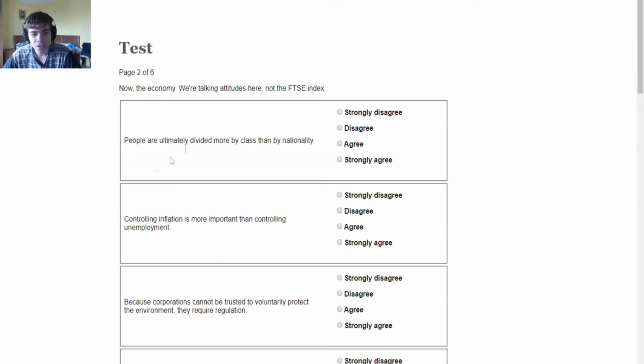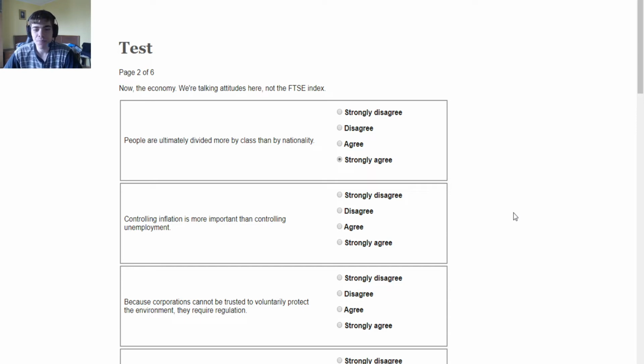Next page, we're talking about economic attitudes. People are ultimately divided more by class than by nationality. I would say strongly agree. Basically, what this is saying is that if you are, for example, a poor working person in the United States, you'd have more in common with a poor working person from China or Australia or Zimbabwe or whatever other country you can imagine than with a wealthy person from your own country.